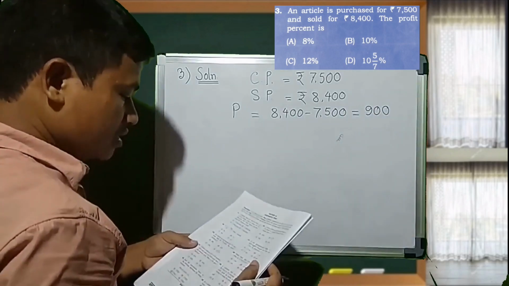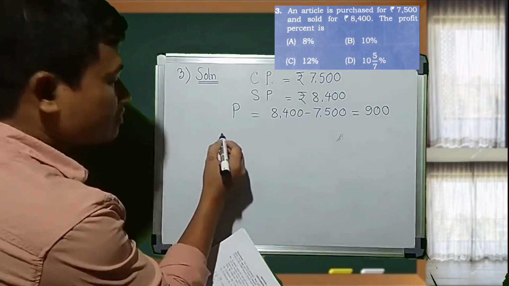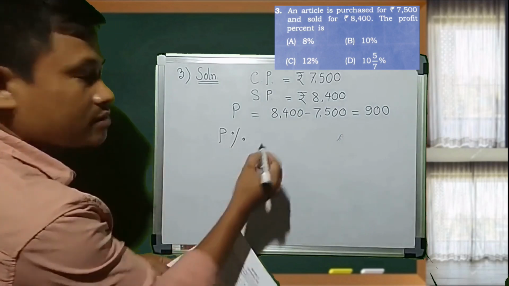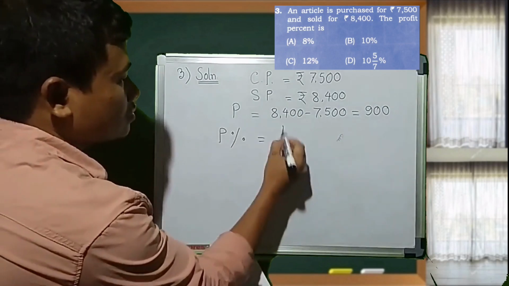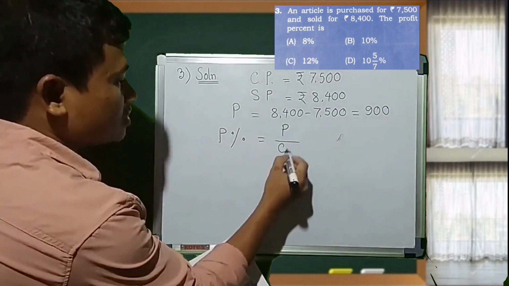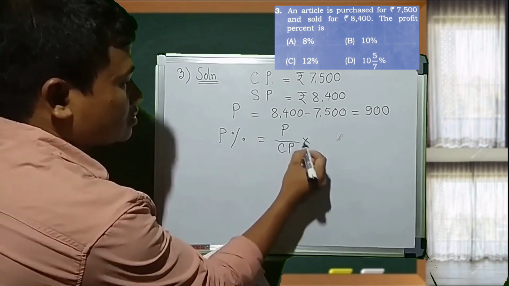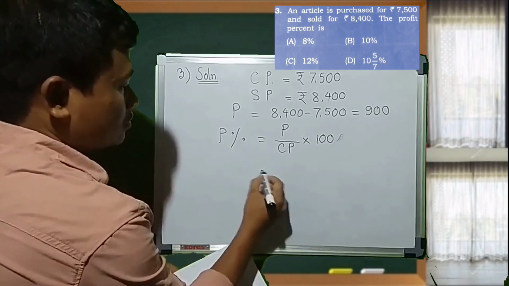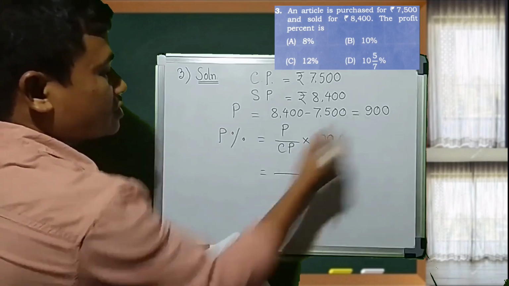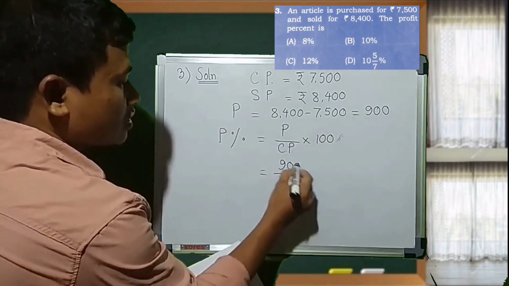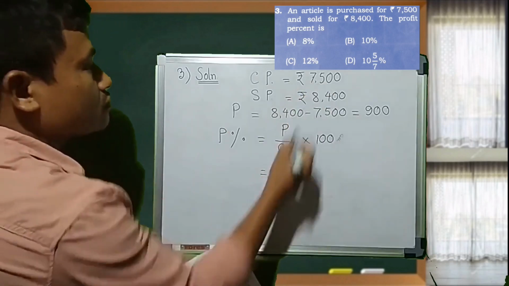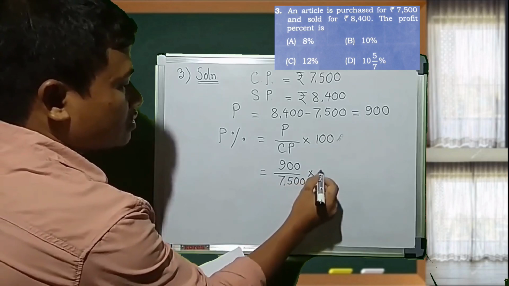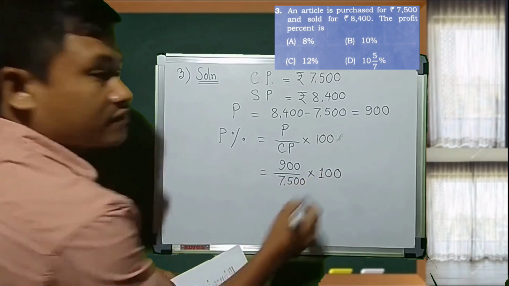Now we have to find the profit percent. So how to find the profit percent? Profit percent is calculated by profit upon CP, cost price, into 100. What is the profit here? Profit here is 900 rupees, and cost price was 7,500 rupees. Then multiplied by 100.